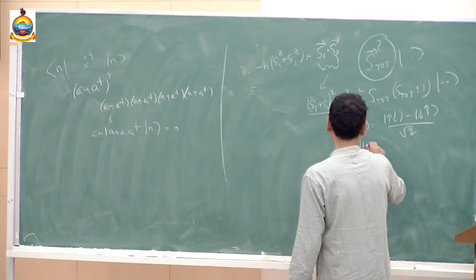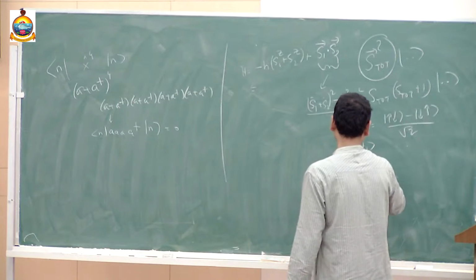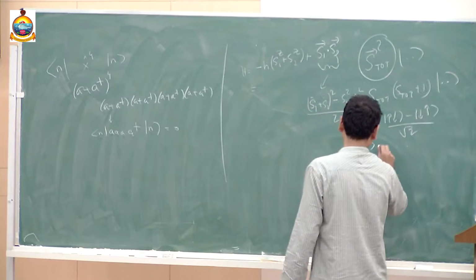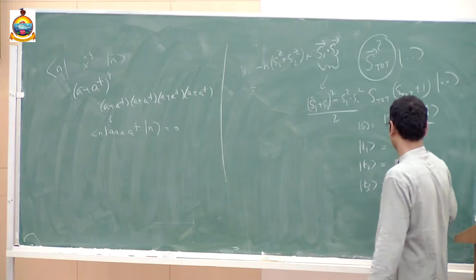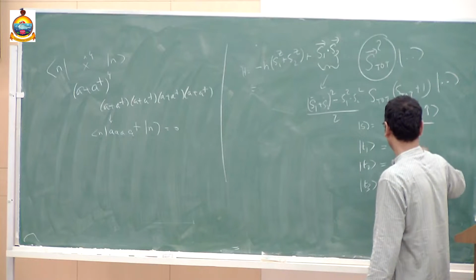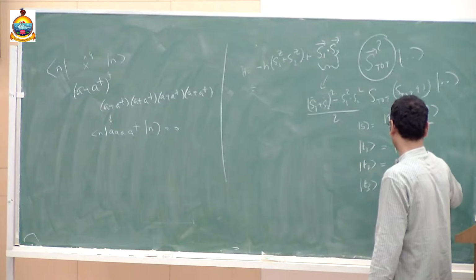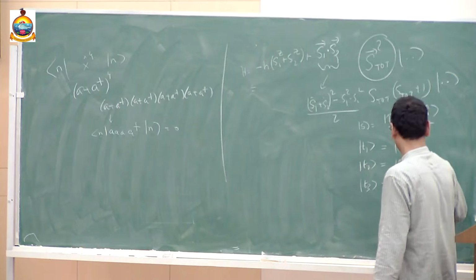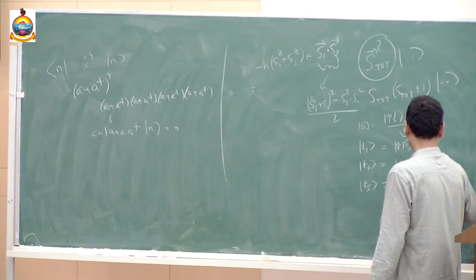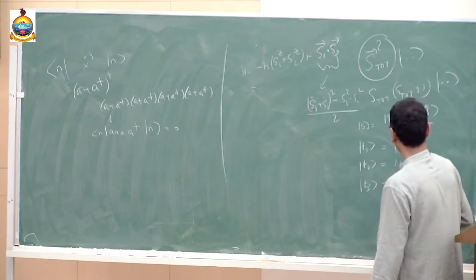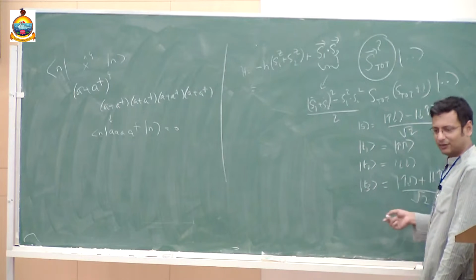Then there are 3 triplet states, right? This is already normalized. This is also normalized. Can the rest of the class follow this?